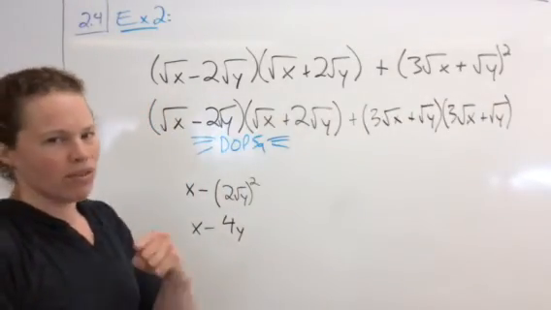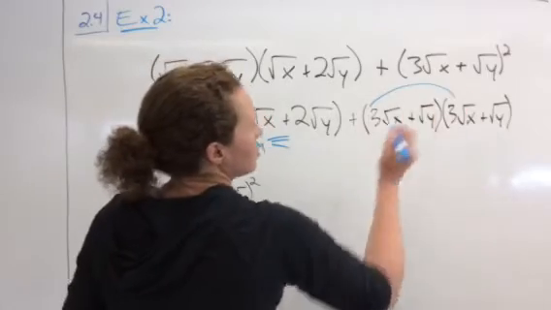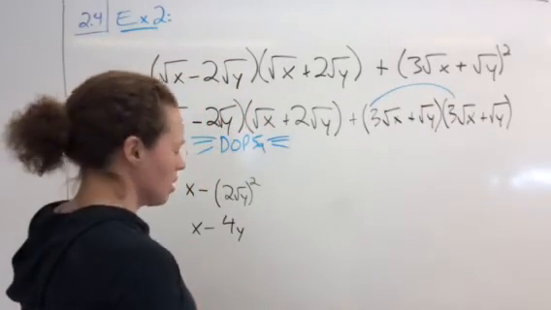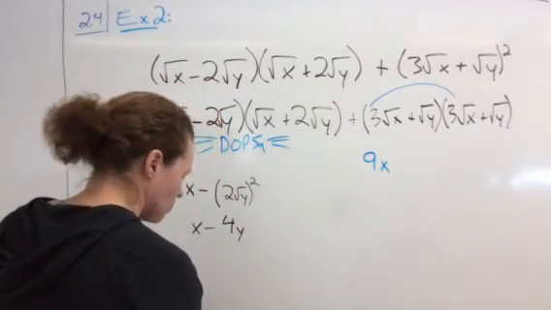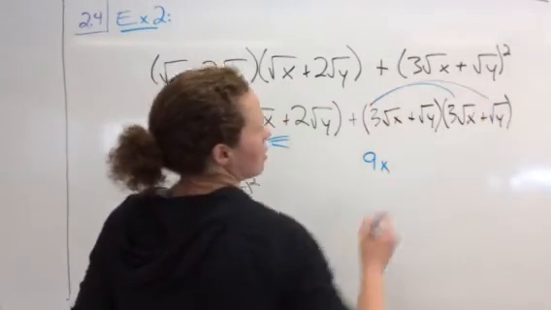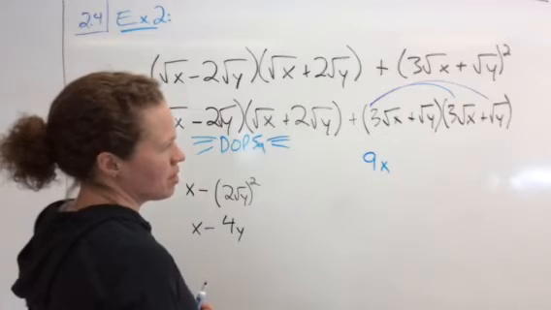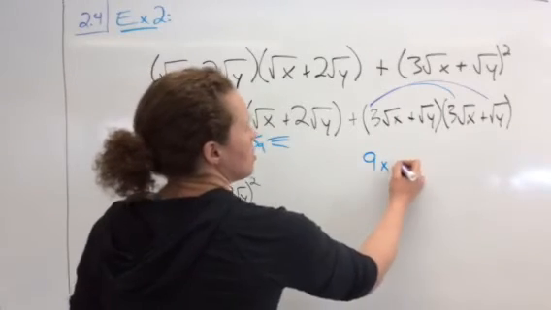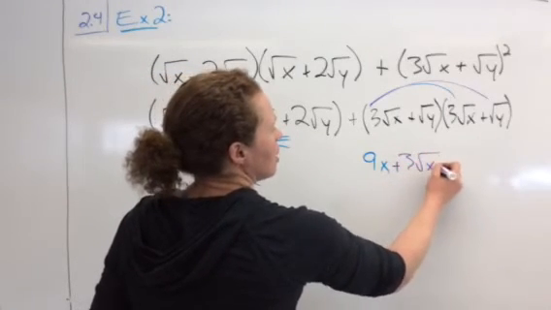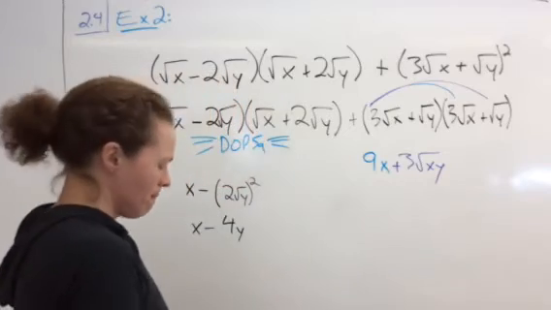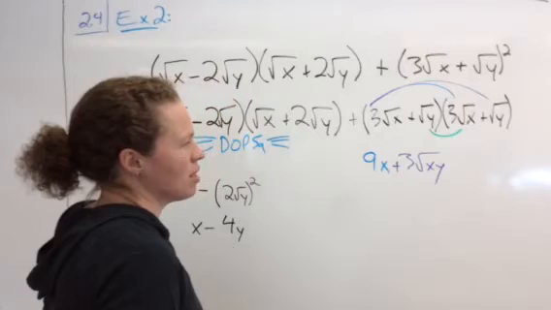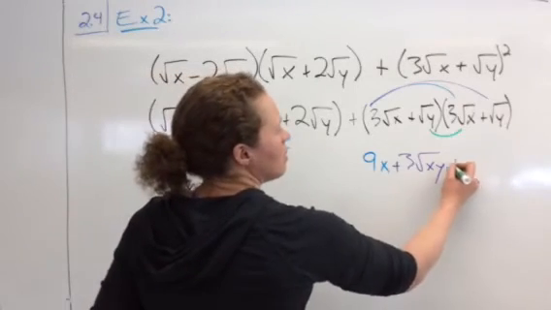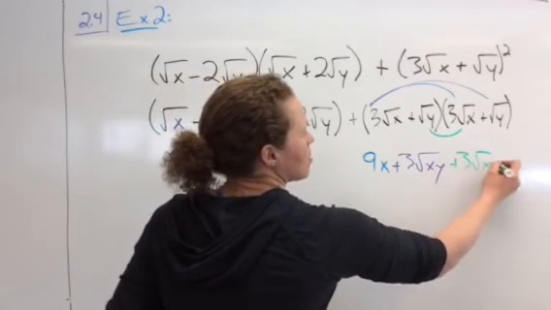So we FOIL. 3 root x times 3 root x gives me 9x. Outside term, 3 root x times root y just gives me 3 root xy. Inside, 3 root x times root y again gives me 3 root xy.